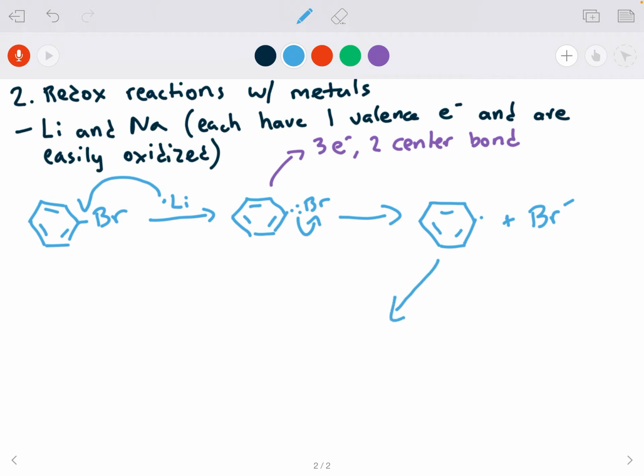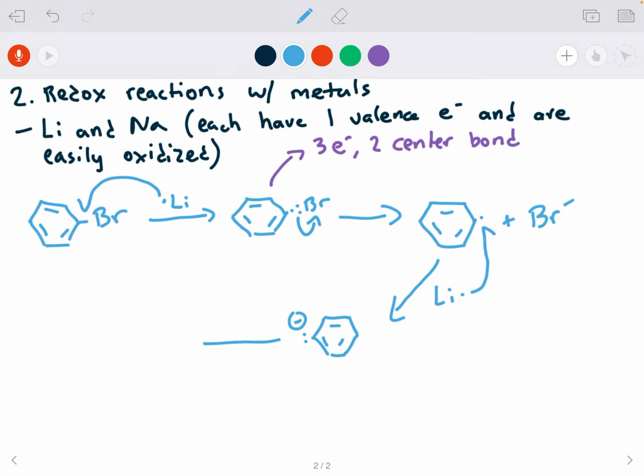So next step is I have another lithium here. I'm now going to form an anion. I'll draw it on this side. All right, so I've now formed an anion.